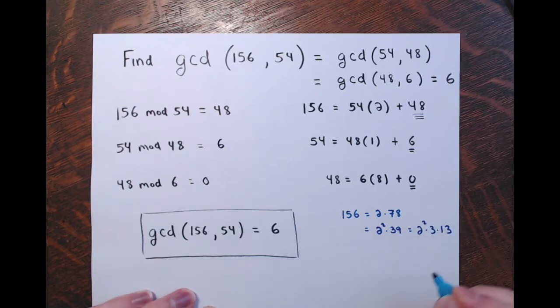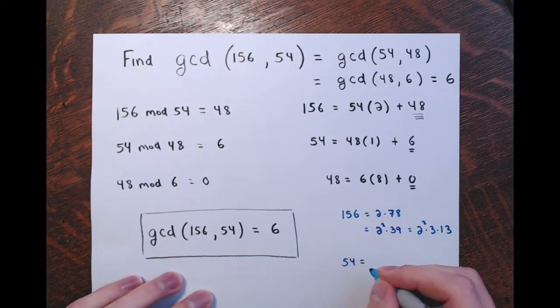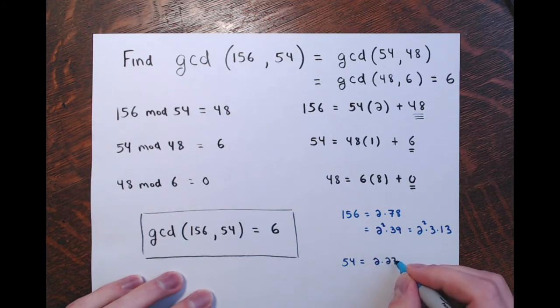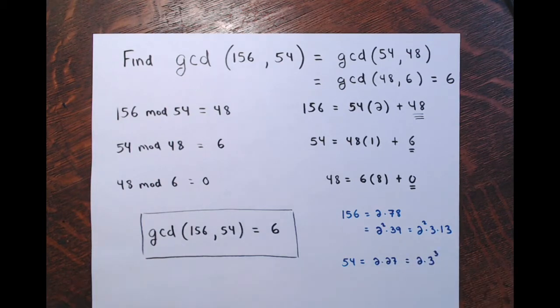There's the prime factorization for 156. And then 54 is 2 times 27, and 27 is 3 cubed, so 2 times 3 cubed. And there's the prime factorization for 54.